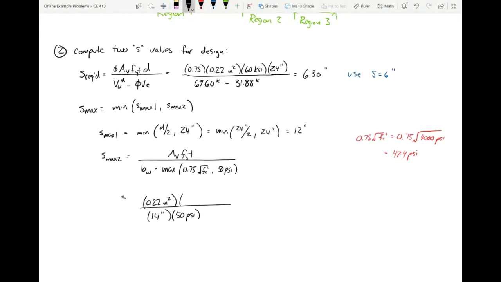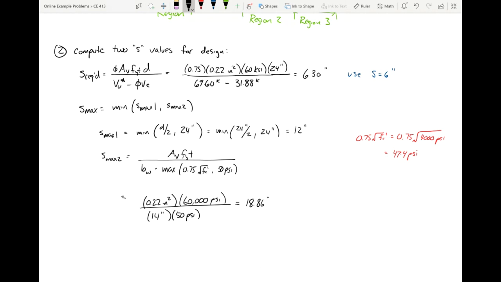And now when you're using fy, remember fy is 60 KSI, but this has PSI, so make sure you express this as 60,000 PSI. Don't forget to change your units here. This is a very easy way of tripping up your problem, so don't forget that. Now, when you plug and chug this, you're going to get 18.86 inches.